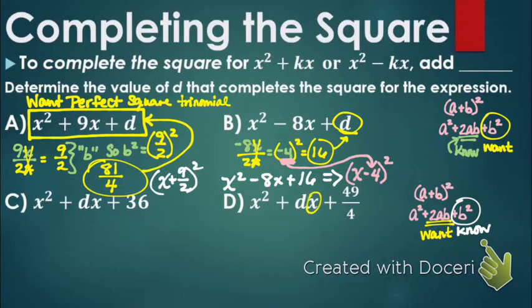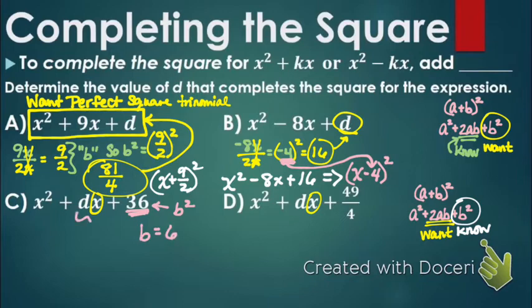We already have this. So it's really just a 2b right there. How do I figure out what b is? I've got this part right here. This is b squared. So b is what?